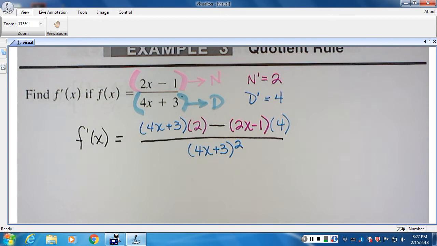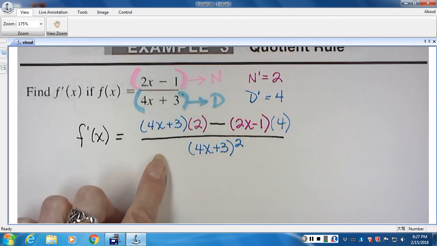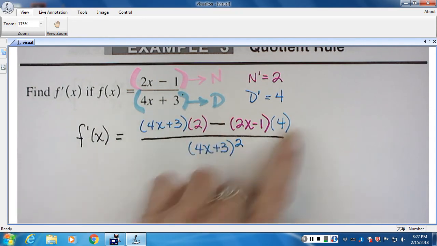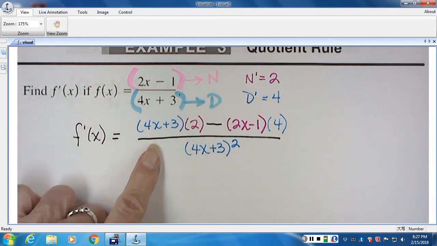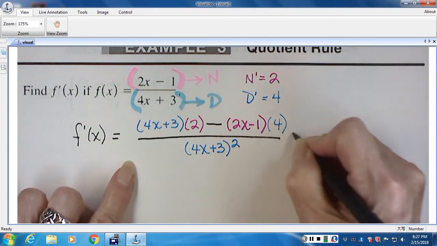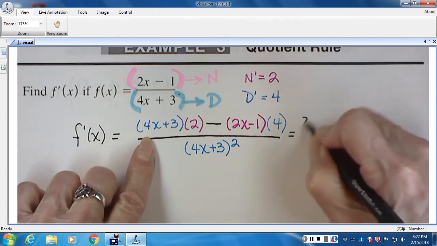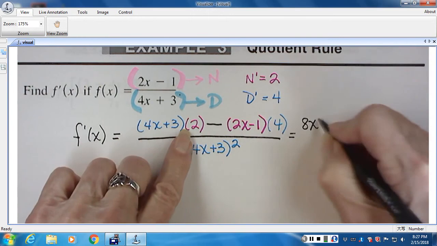And here again, if I see that you've got this far and you mess up the next step, I'm not really going to be terribly upset. But there are going to be cases where you don't want it spread out quite this way, because it'll be difficult to type in. So for that reason, we might want to collect up some like terms, because when it's convenient, we will. So 2 times 4 is 8x. 2 times 3 is 6.